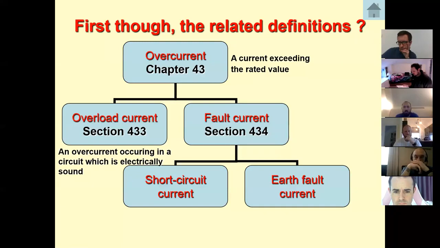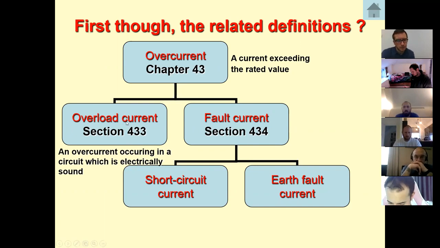Okay, so an overload overcurrent is typically you've plugged too many things into a ring circuit. You're trying to operate a device on a circuit breaker that's smaller than the actual design current. You're overloading an otherwise healthy circuit. Fault current, completely different.